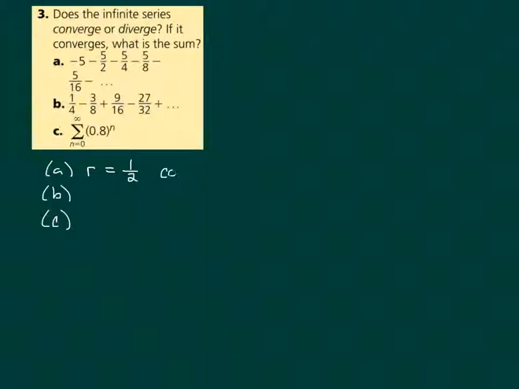So it converges. Part B, what is the common ratio? -3/2. Is that converge or diverge? Diverge. Part C, what is the common ratio? 0.8. So it converges.